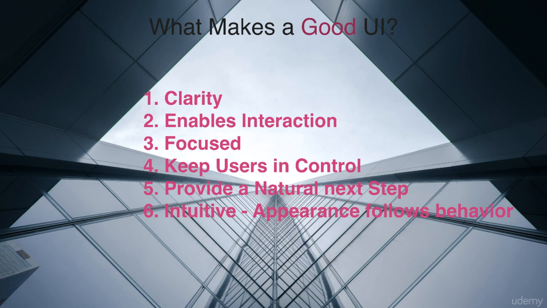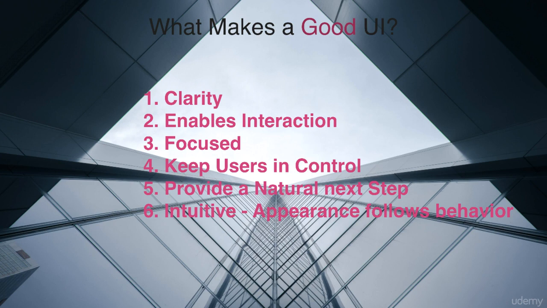But if that doesn't happen, then we are not making this second step natural, right? So we are breaking the cycle, if you will. So you have to make sure that the user interface provides a natural second step. Users need to know intuitively what comes next as they interact with your device or application.